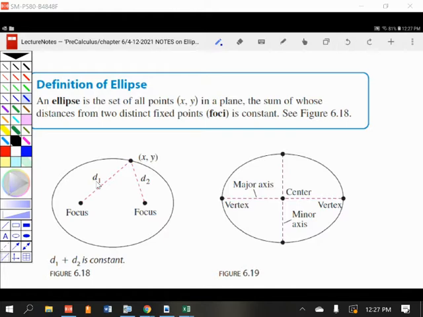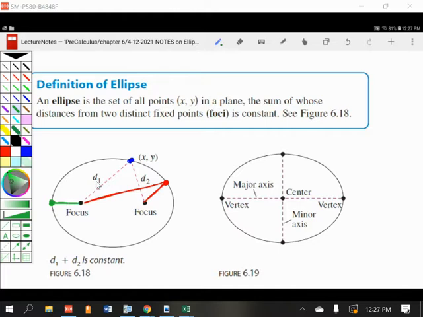So if I were to pick, not this blue point right here, but pick a red point, like right there, this distance plus this distance would be the same as D1 plus D2. Okay. Pick a different point, like this one right here, on the very, very left edge of the ellipse.